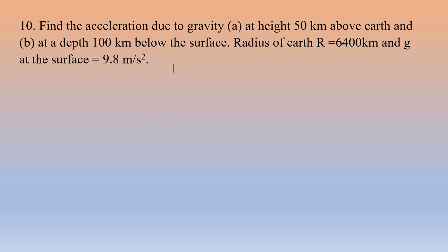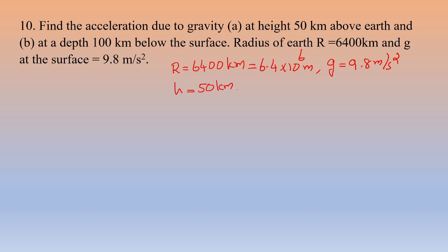The radius of the earth, that is capital R, is equal to 6,400 km, that is also equal to 6.4 into 10 raised to 6 meter, and the value of g on the surface of the earth is 9.8 meter per second square, and we have to find the value of g at a height h is equal to 50 km and at a depth d is equal to 100 km.